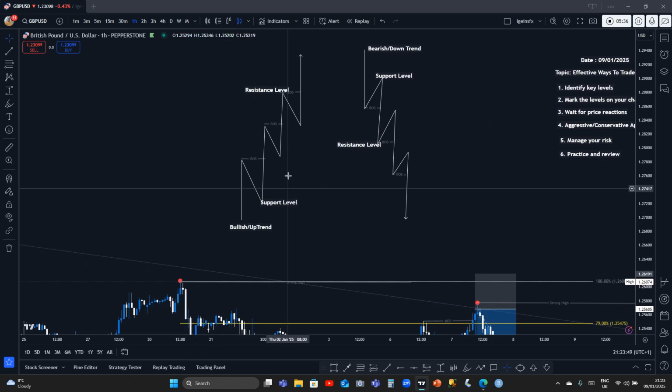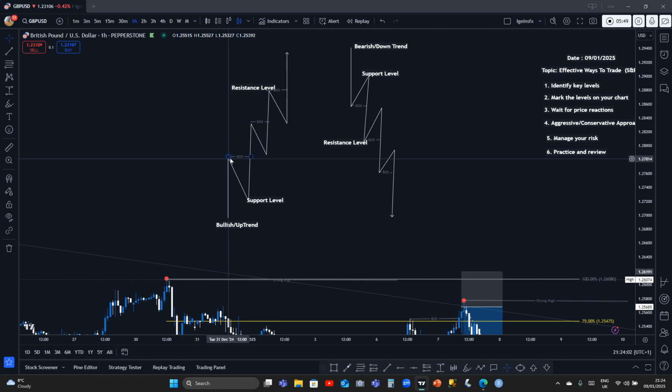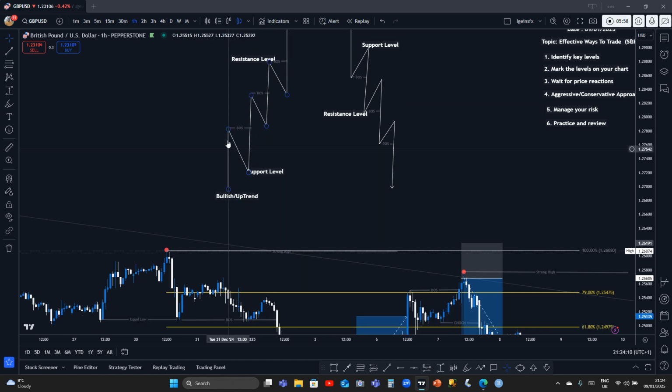Now, this is what I'm saying. If it is a bullish trend, this point here is the support level, while this upper side here is a resistance level, just like you can see. So if price takes off from here, pushes to the upside, creates a high, then it will pull back to gather momentum. This is a moment of relief, because price cannot just start going up and keep pushing like that.